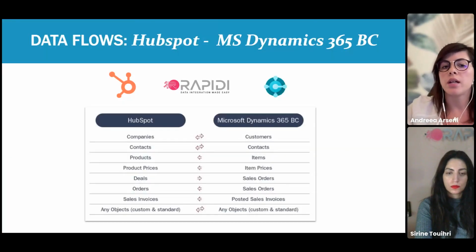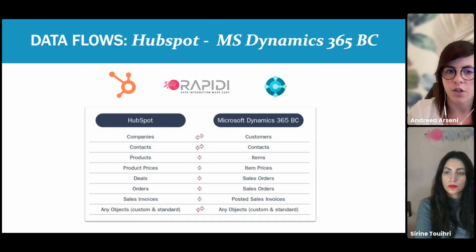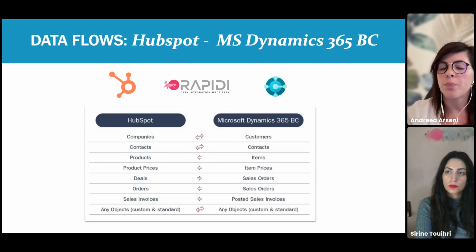Now, when we actually speak about HubSpot and the Microsoft Dynamics 365 Business Central integration, you'll see here the most common or standard data flows. As you know, whenever you want to integrate two systems, you have common scenarios. In this case, we have customers that are being created in your ERP, and you want to have the same information in your CRM.